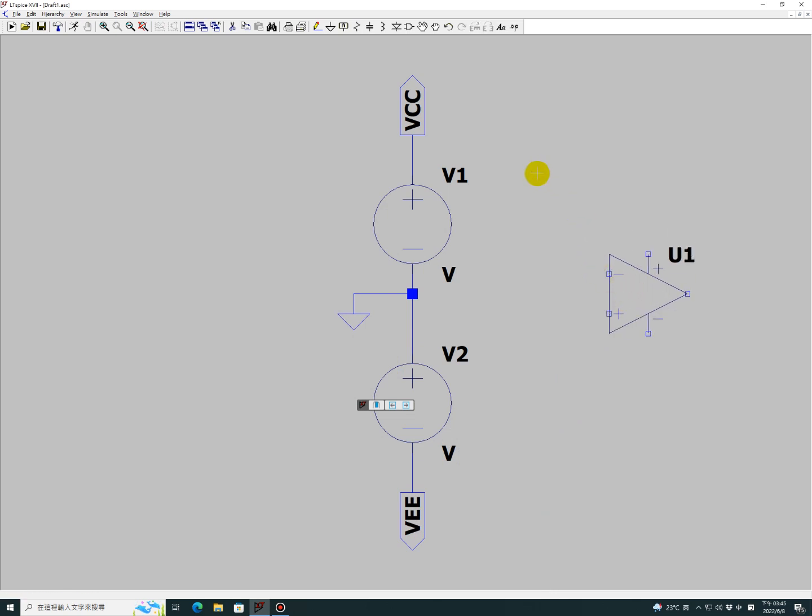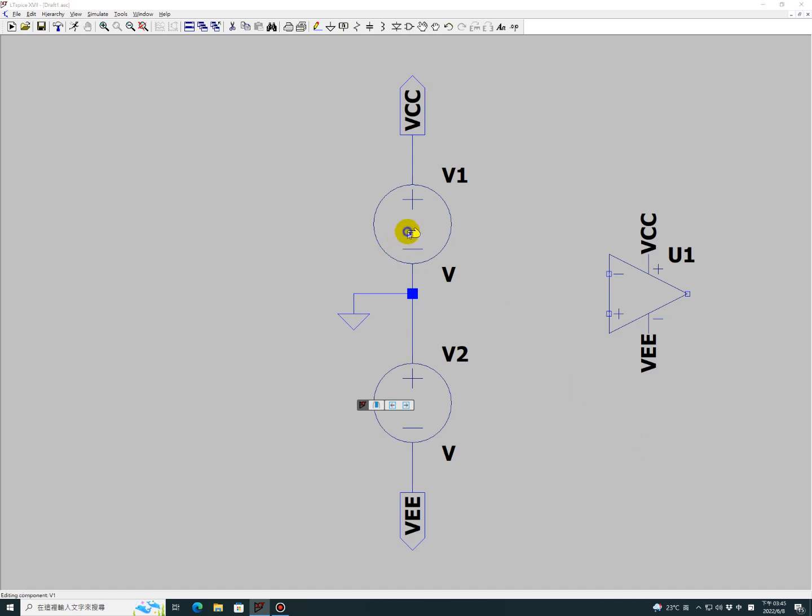So this is the op amp here. Of course, the op amp has 5 pins minimum, right? 2 inputs, 1 output, 1 positive supply, and the other one negative supply. So we have VCC here and also VEE here. Okay, so the power has been applied to it.